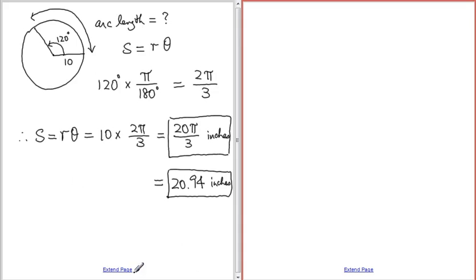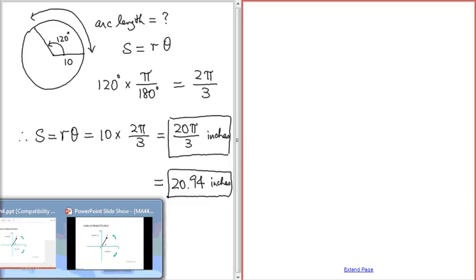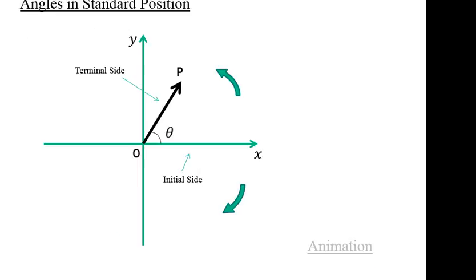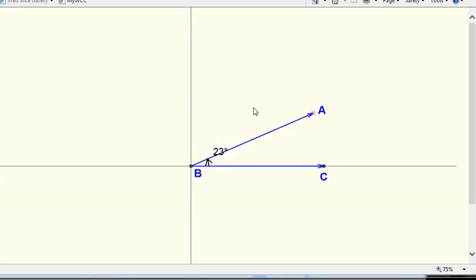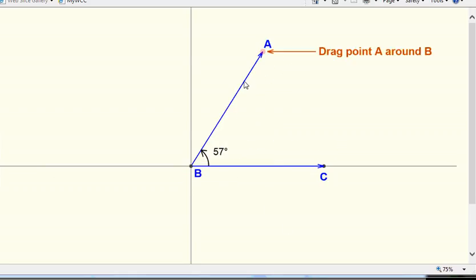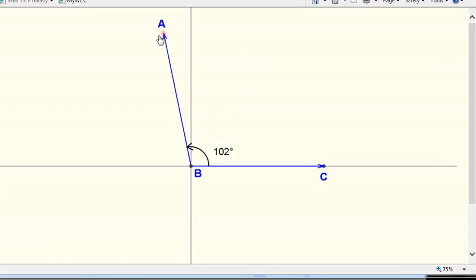Okay, now let's take a look at this again. A little bit earlier, we had the animation. We see that if I rotate this pole all the way to the negative x-axis, what will be the angle? 180 degrees. We have a straight angle.